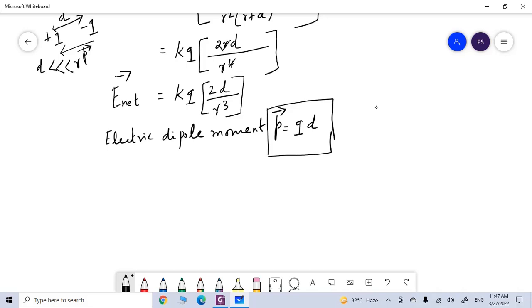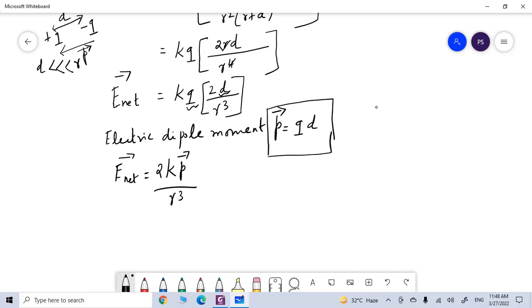When the orientation of a dipole becomes important, the electric dipole moment necessarily should be a vector. Now we need to modify this equation. E net here, you can comfortably write this Q and D as P. So we will be getting here 2 kp over r cube.